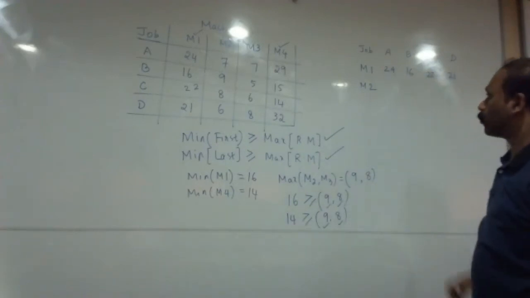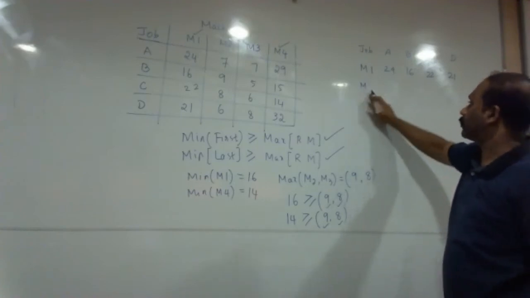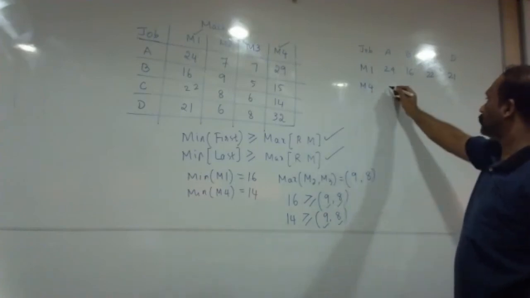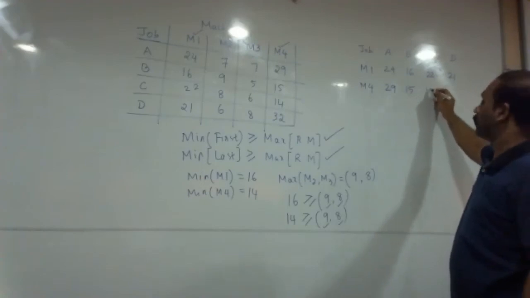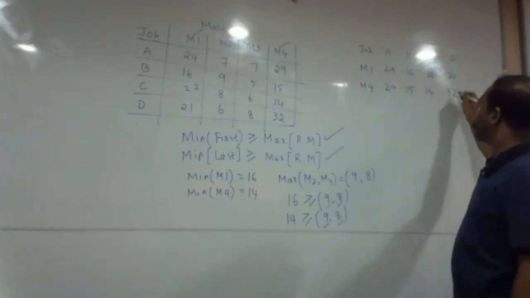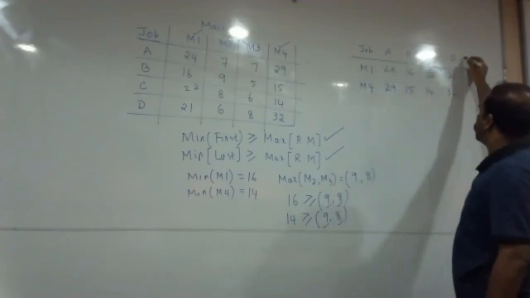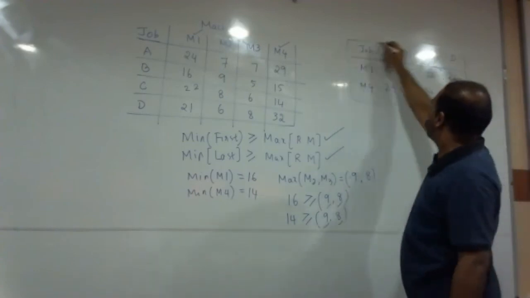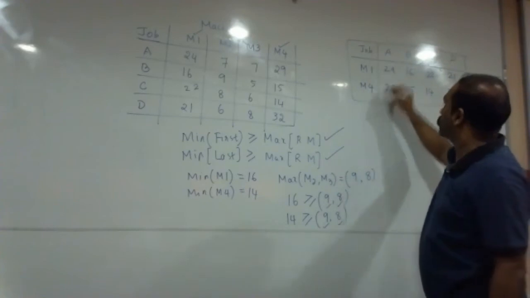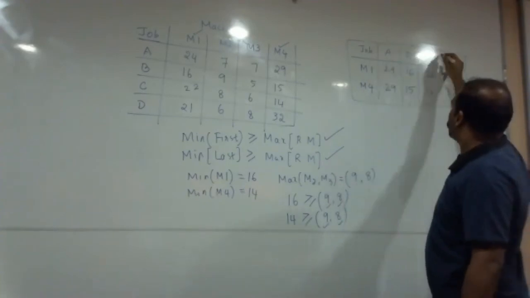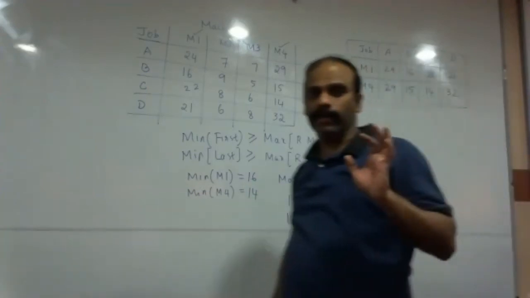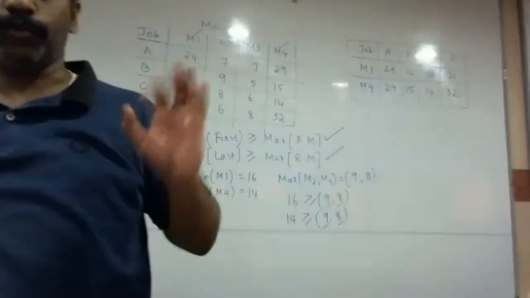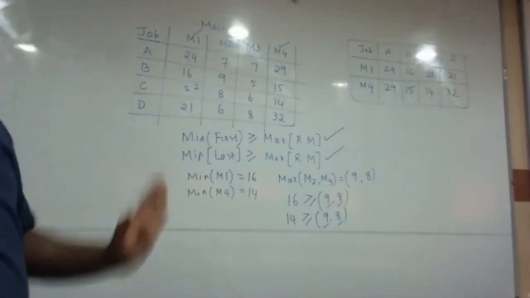And the M4 values: 29, 15, 14, and 32. Now you can see that the problem is reduced to a two machine problem. Once it is reduced, without any difficulty we can apply Johnson's rule.